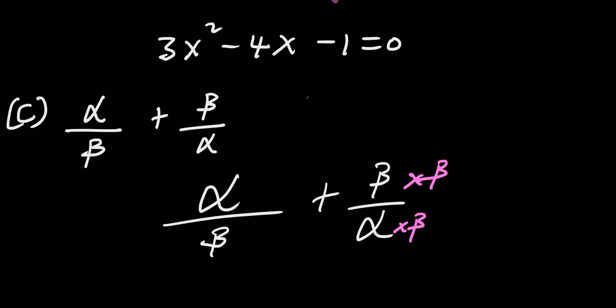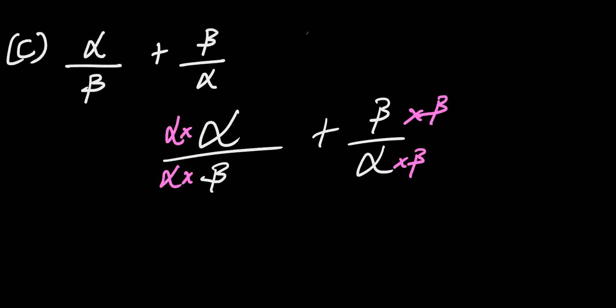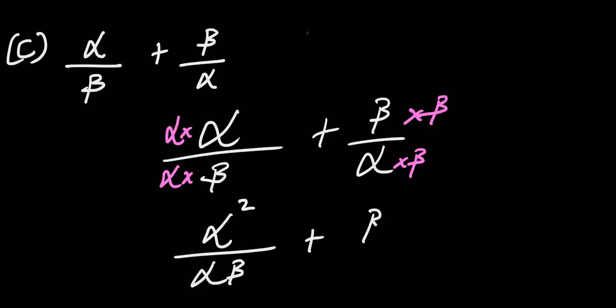At the same time, we can multiply this by alpha and multiply this by alpha. So once that happens, we're going to have alpha squared over alpha beta plus beta squared over alpha beta.